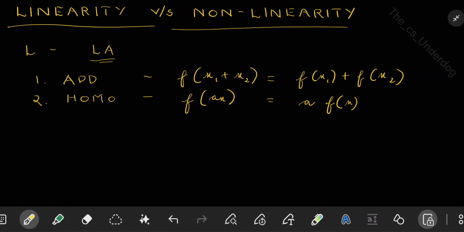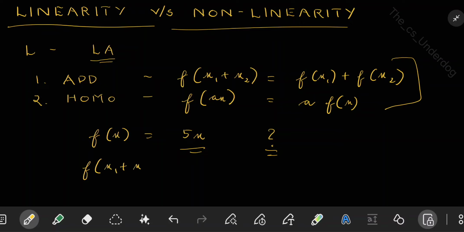According to these properties, if you have something like f of x is equal to 5x, if this is the function you are having, do you think this is linear? According to these definitions, is this linear? Because if you have f of x1 plus x2, that will be 5 times x1 plus x2.